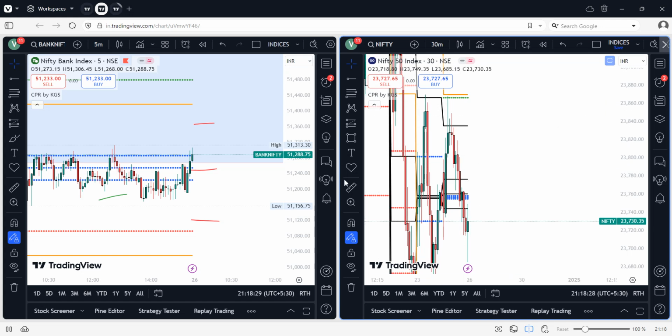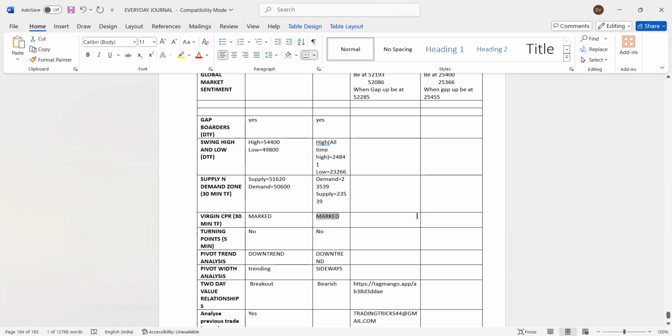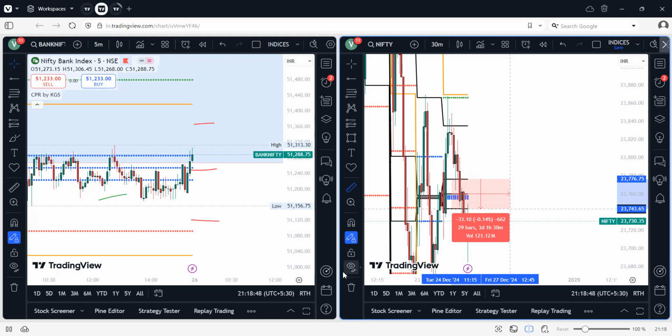So I'm expecting, let me check this once more. I'm expecting an average CPR, which is an indication for sideways or trending action.